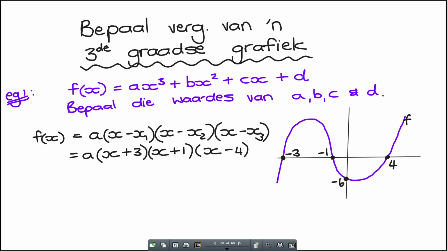Ja. Lekker, nee? Okay. Nou, hier is mos eintlik y is gelyk aan. Okay. So we have now, look at the graph. What have we used? We've used that and this and that. Wat bly oor? Hierdie. Nee.